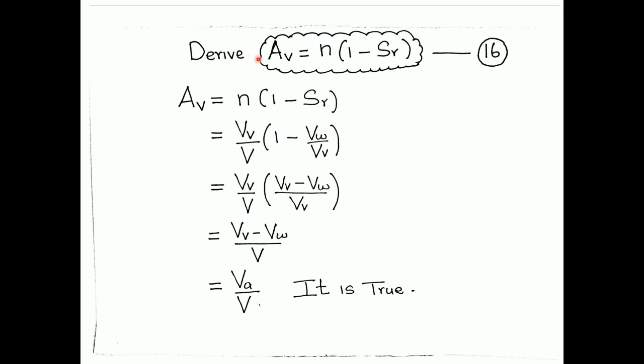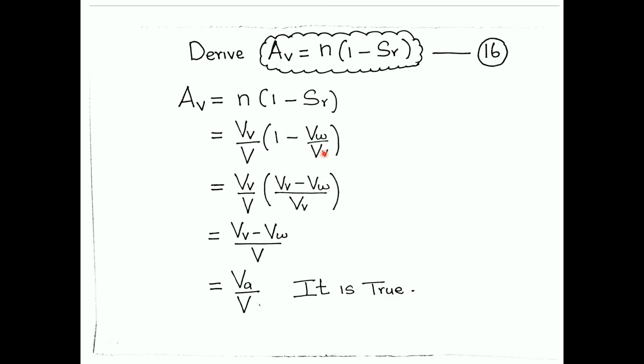Next one, air voids AV is equal to N into 1 minus SR, equation number 16. Apply the definition of N, volume of voids over total volume, times 1 minus the definition of SR, volume of water over volume of voids.